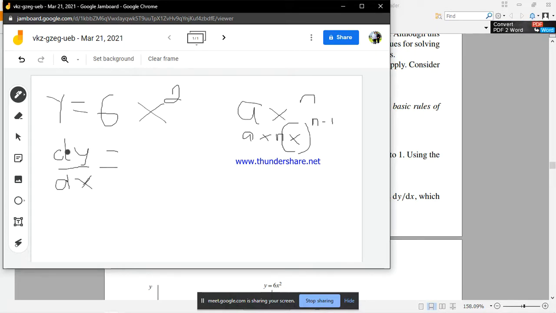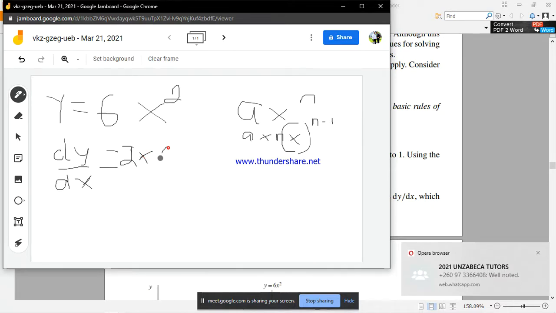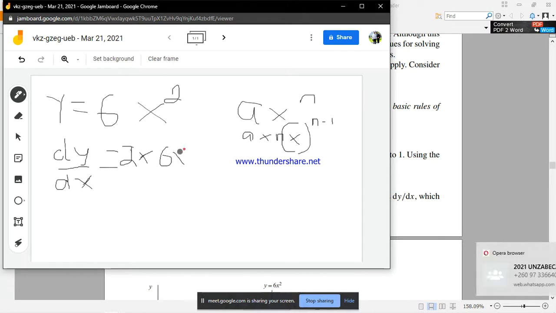So to find the change in y per unit change in x, I'll say 2 times 6x, but this x I'll reduce the power by 1. So 2 minus 1.